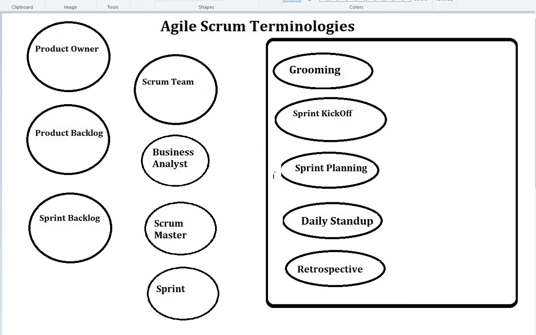So in Agile Scrum, the work cycle is considered to be 2 weeks, or 1 week to 2 weeks based on the size of the project or the size of the deliverables. That is the cycle where you start and finish everything.